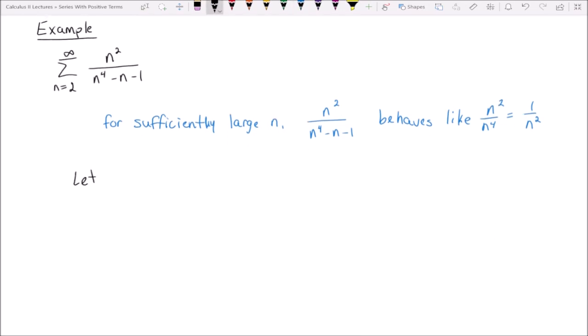So why don't we take a sub n to be that term, and then b sub n to be 1 over n squared.